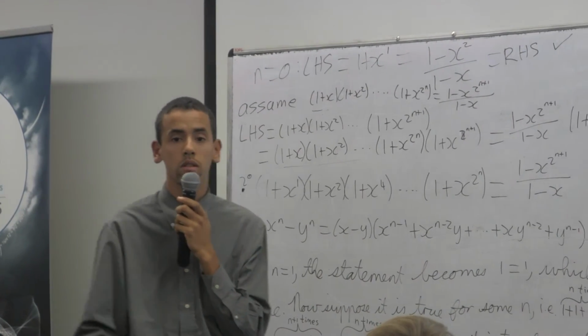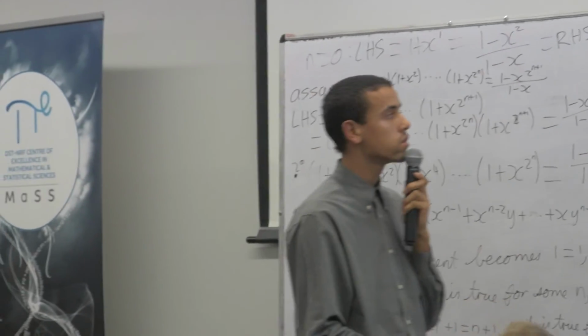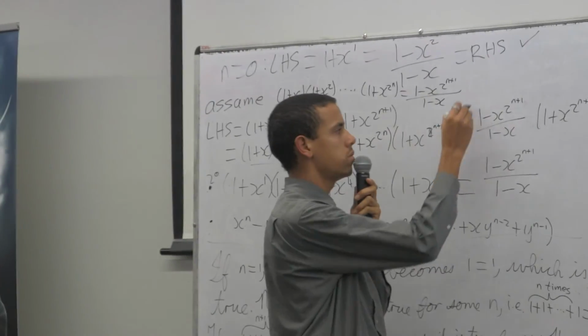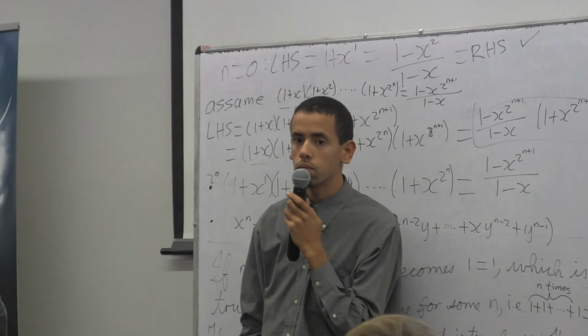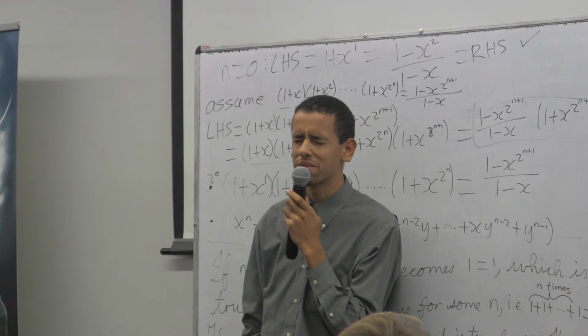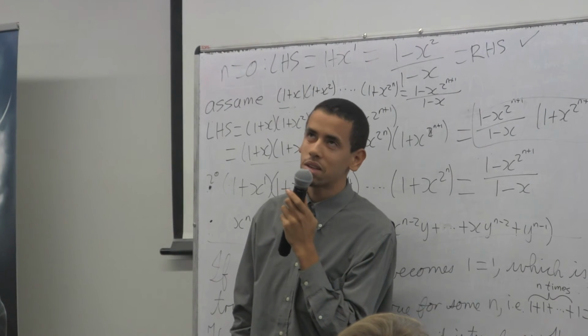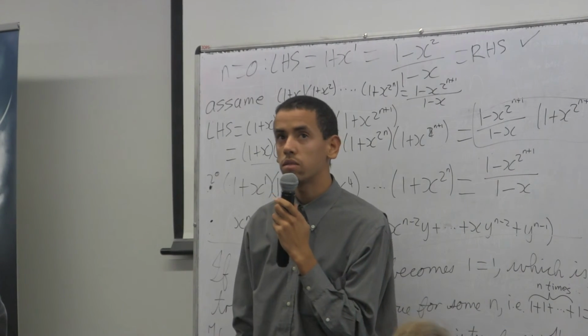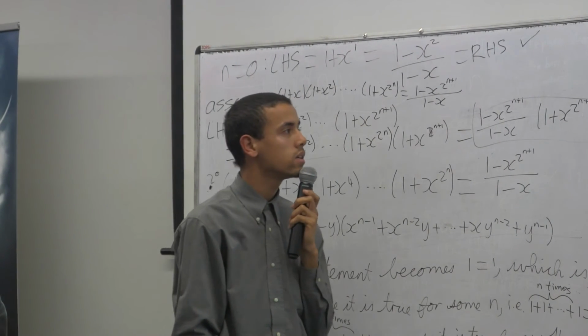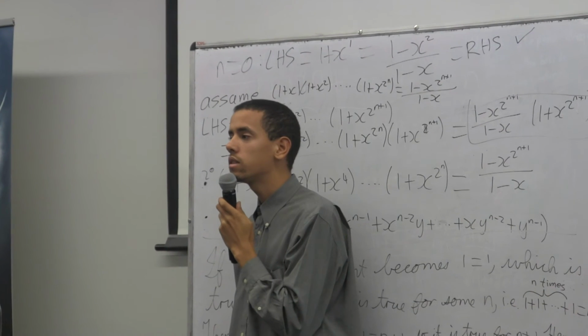You times the right-hand side. Okay, so we've got here, what do we do next? Multiply that. Okay, you could multiply out. Not bad. What's a better way to do it?